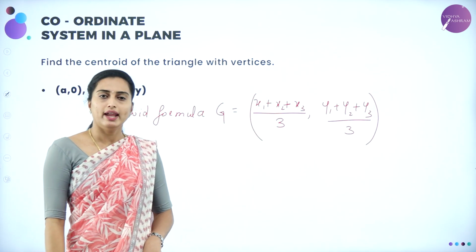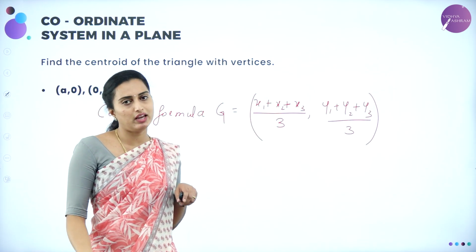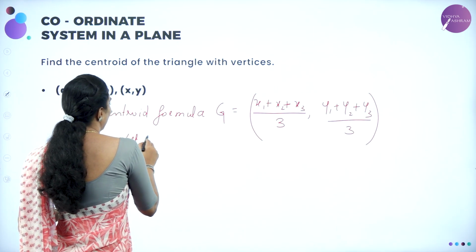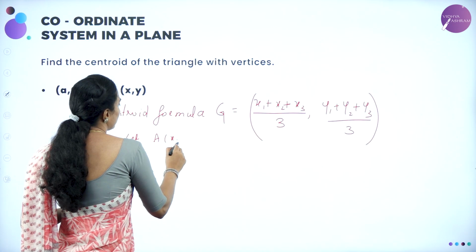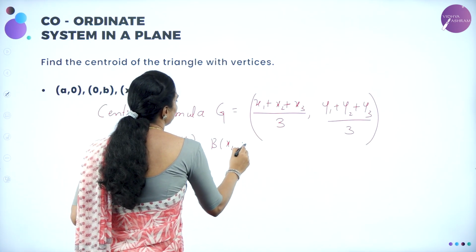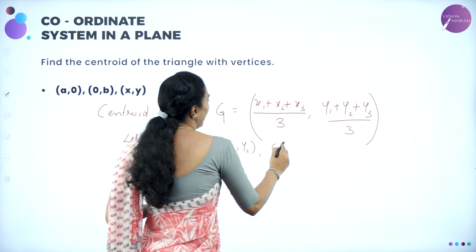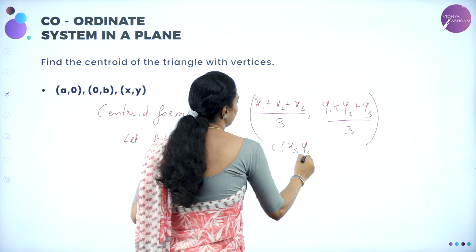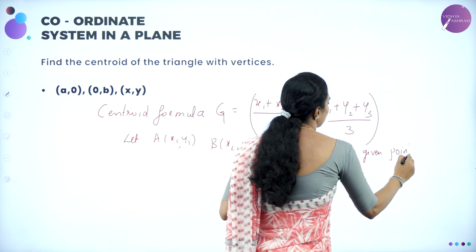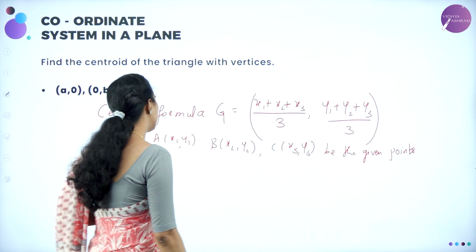So therefore, what are x1, y1, x2, y2? Let A of x1, y1, B of x2, y2, C of x3, y3 be the given points. So what happens to the condition now? x1 is equal to what?